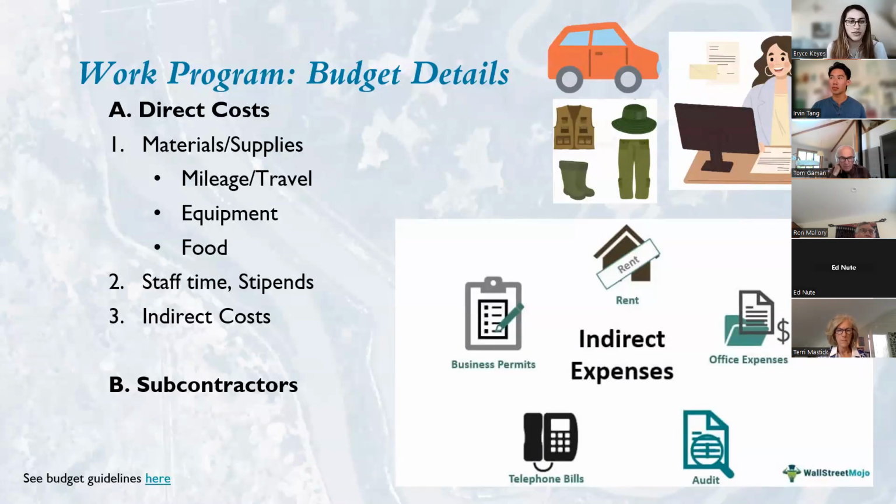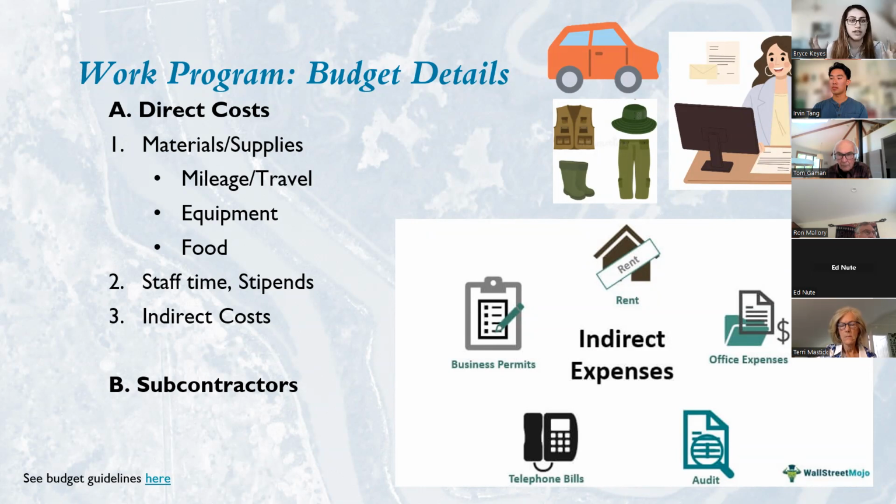And then last part, the work program, the budget details is for subcontractors. So these are any organization or people that you hire to help perform work for your grant. And so if you know who your subcontractors will be already, you can list out their role, their tasks, and any kind of deliverables that they'll have.